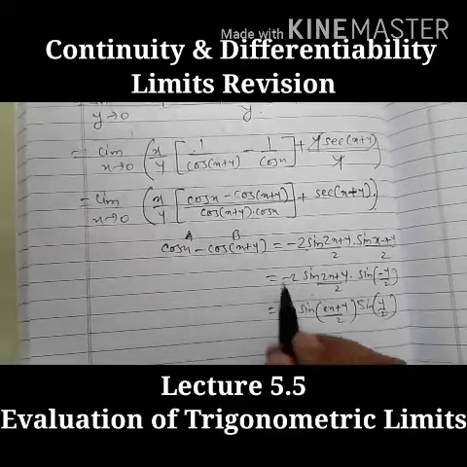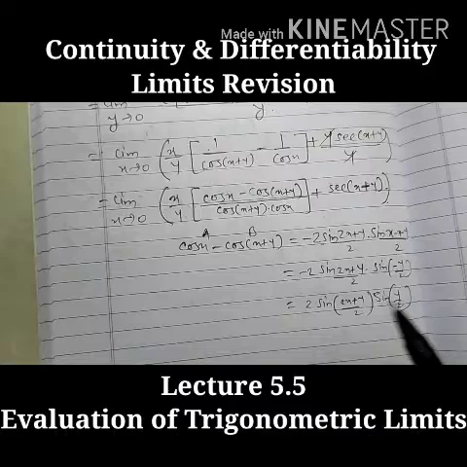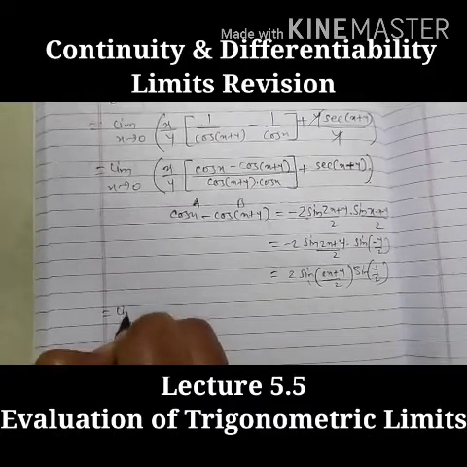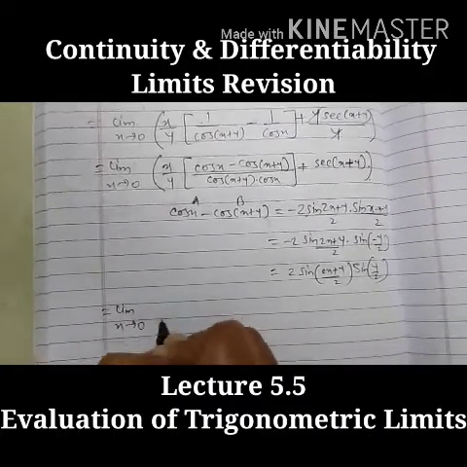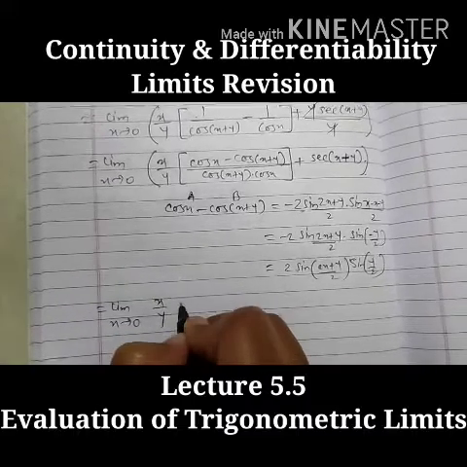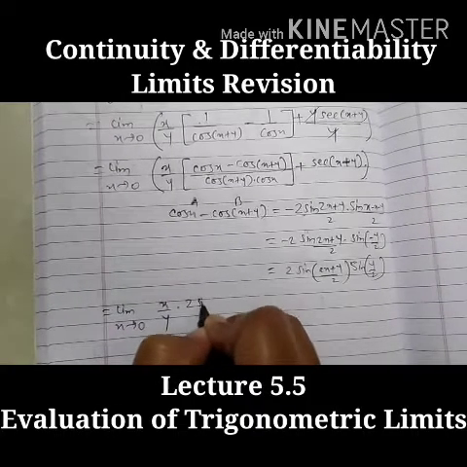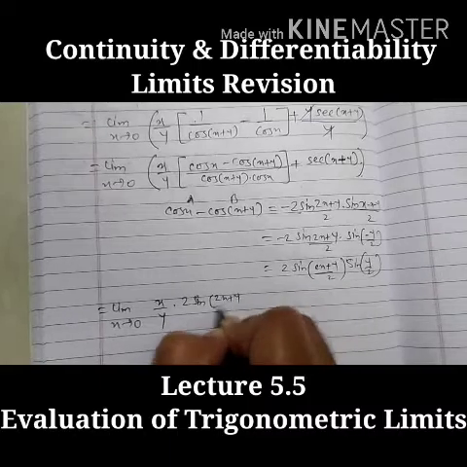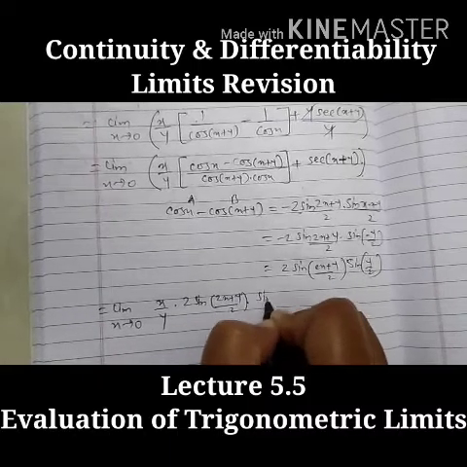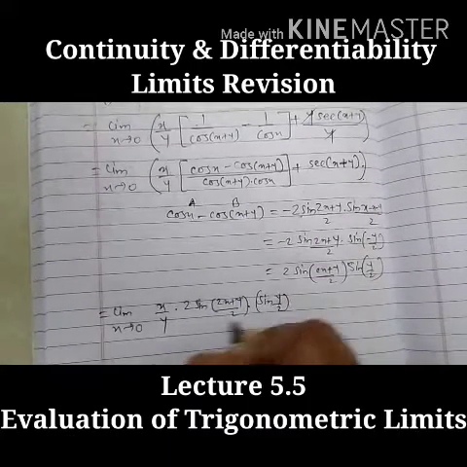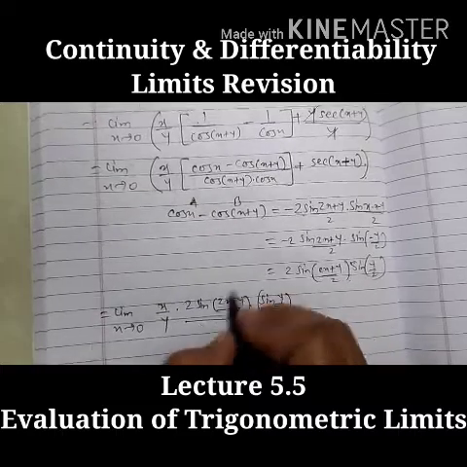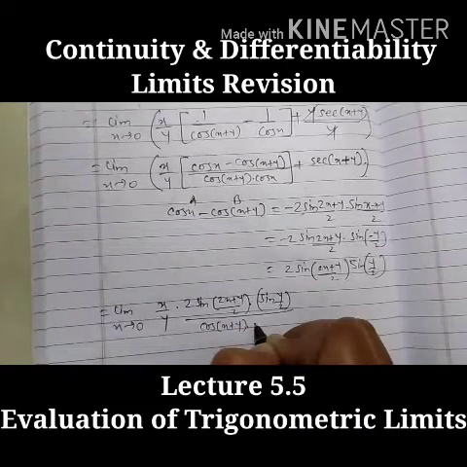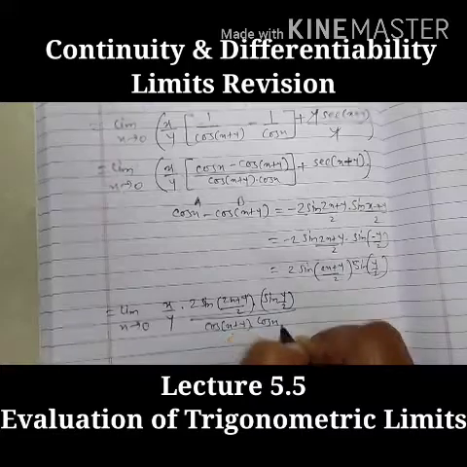Understood? Now we'll put this here. In the next step we'll write the limit as x tends to 0, x upon y into 2 sine of (2x plus y) upon 2 into sine of y upon 2, whole thing divided by cos of (x plus y) into cos x.